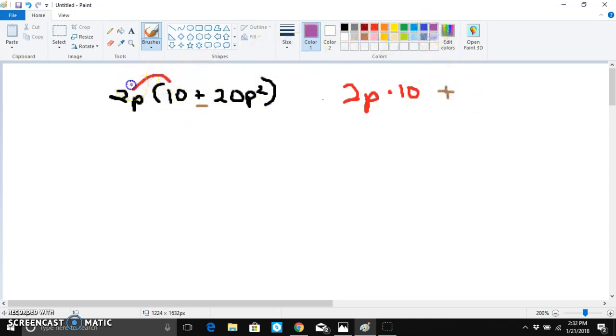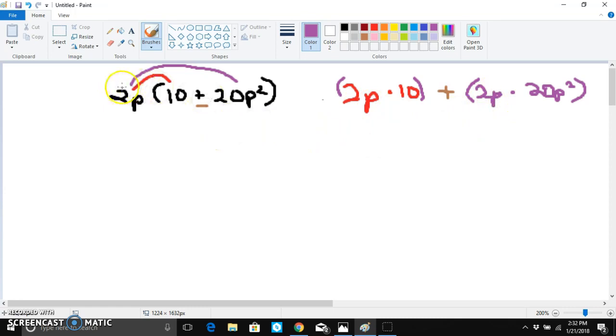And then we have to distribute the 2p with the 20p squared through multiplication. So 2p times 20p squared. And if you want, you can put your parentheses around to show that you distributed the 2p with the 10 and the 20p squared. You notice 2p is in both.